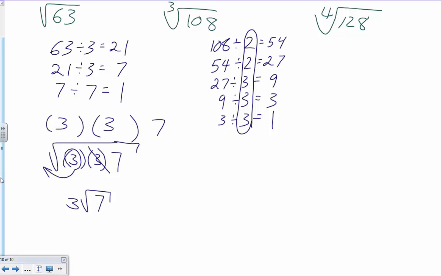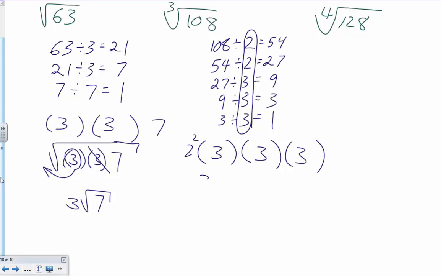Now in this case we're doing the third root, so I need 3 sets of brackets. And the 2's don't fit because there's only 2 of them. So I take a 3, and a 3, and I'm left with 2 squared over here.